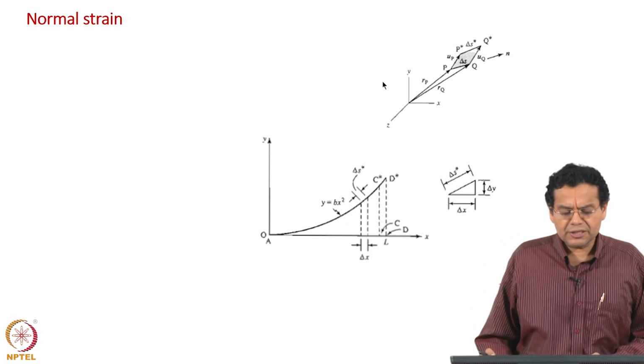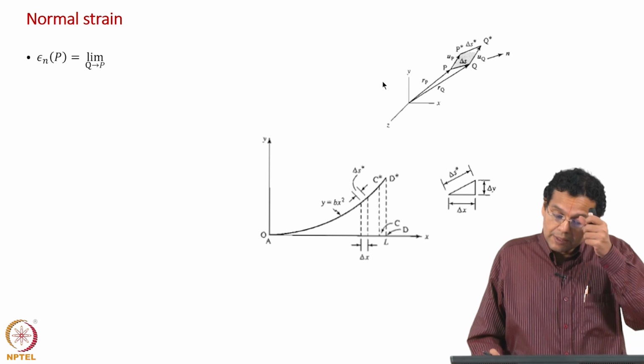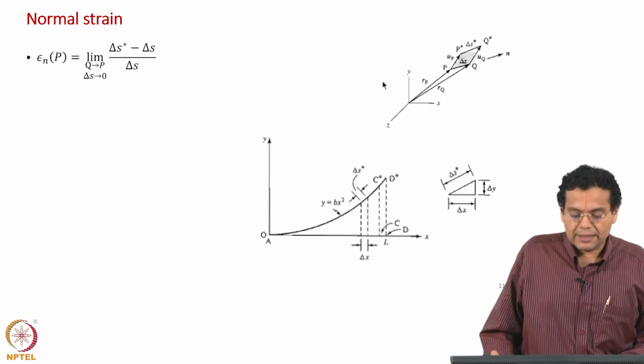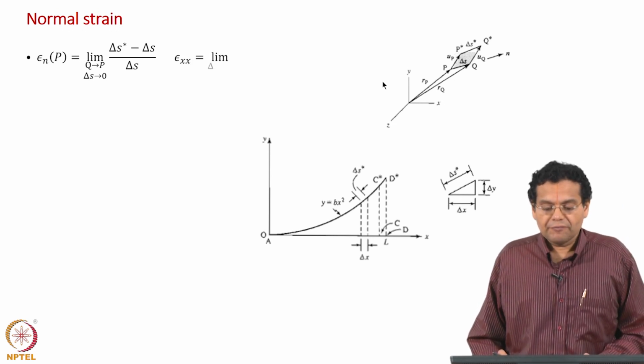Let us start with the definition of normal strain. Epsilon n p is equal to change in length by original length, of course limit q tending to p, delta s tending to 0. Now, we are considering the wire which is lying originally along the x axis.